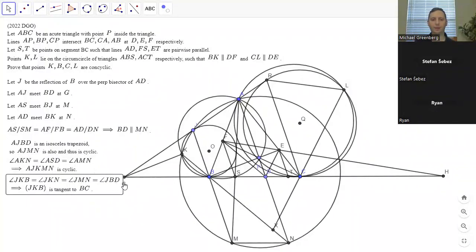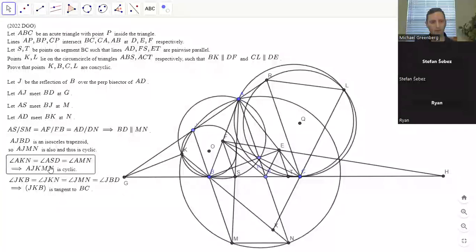Oh, actually, you multiply all those three and you get one. So you have those tangents. So I think you will get something like the sines of KBJ over KJB, and then squared.